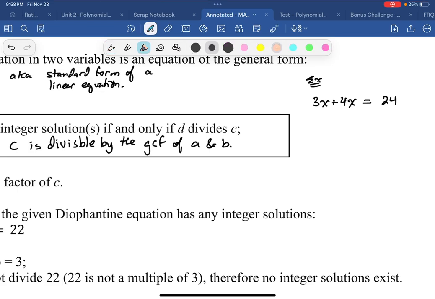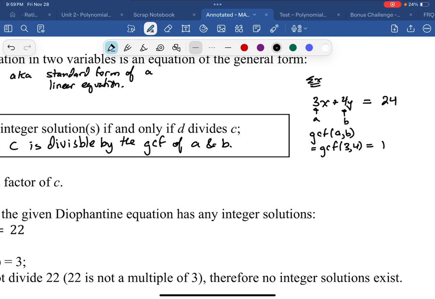I don't know why I put an x there, it should have been 4y. So this is my A value. This is my B value. We're looking for the GCF of A and B, which is really the GCF of 3 and 4. The greatest common factor of 3 and 4 would be just a 1.